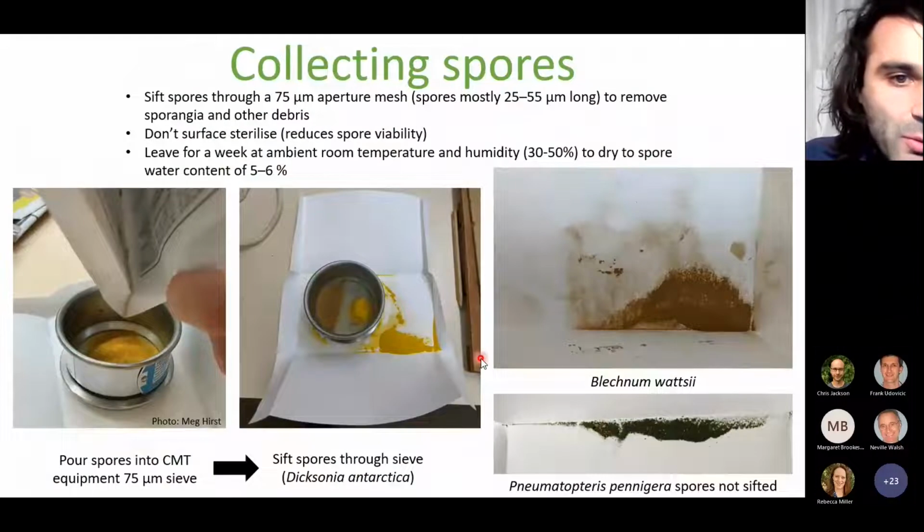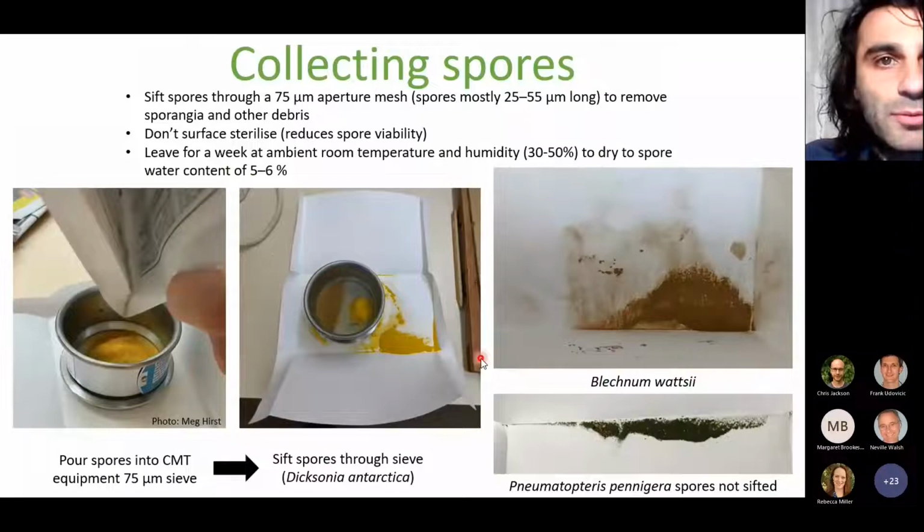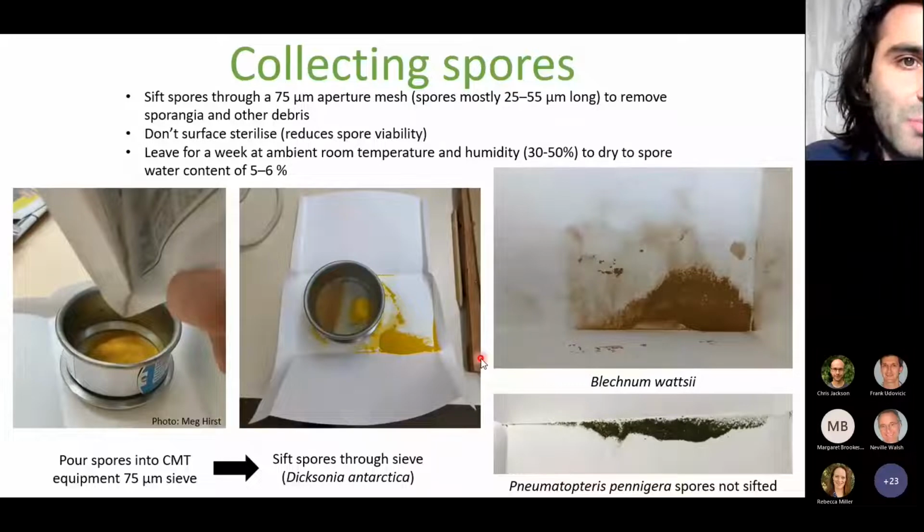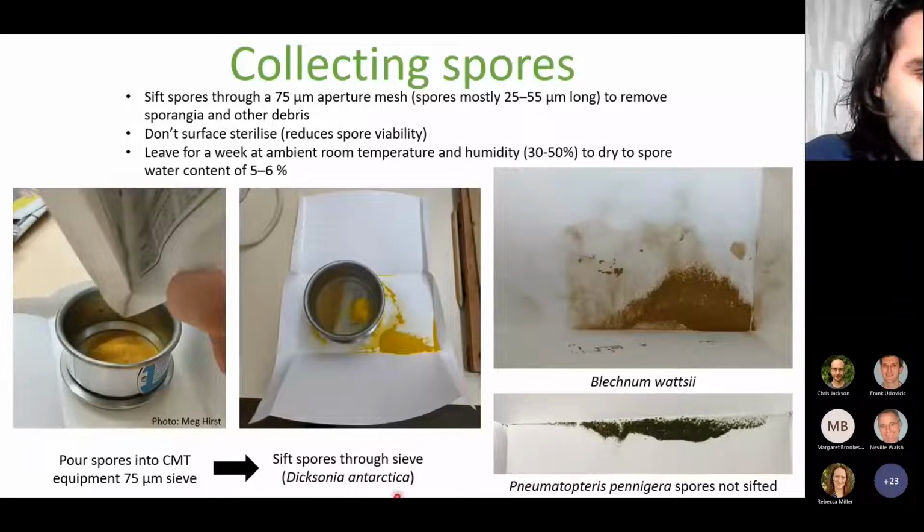So assuming that we actually get the spores off of the fronds to fall into the newspaper, the next step is to sift those spores through a 75 micrometer aperture sieve or mesh. So this is the sieve that I've been using. It's from CMT equipment.